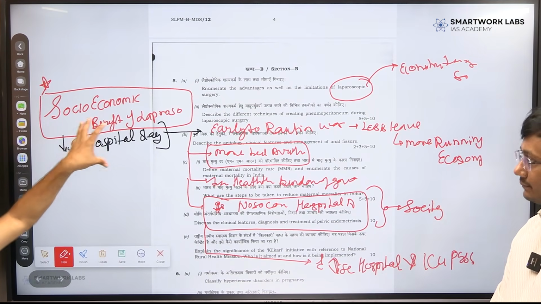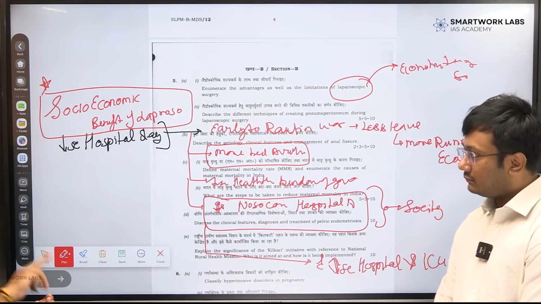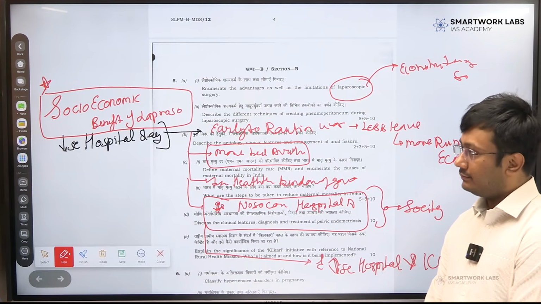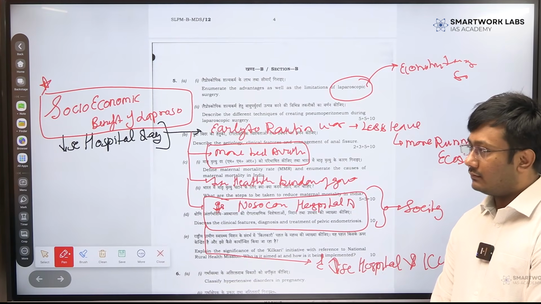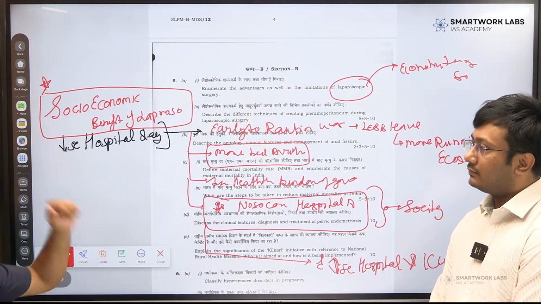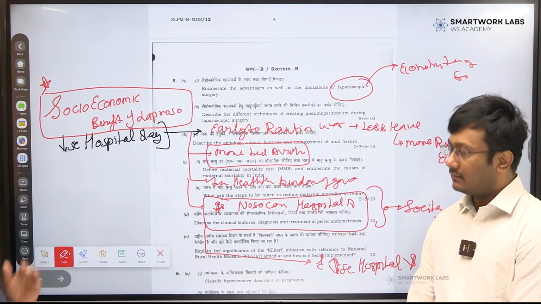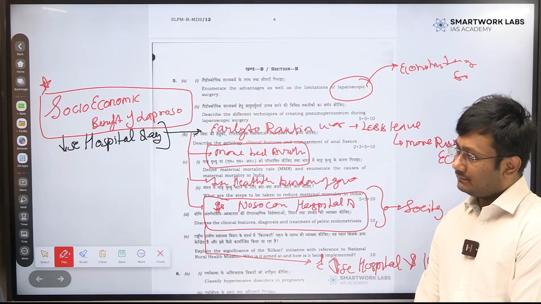So this surgery will enhance your socio-economic status as well as improvement and evolvement of the socio-economic status. That's why the laparoscopic surgery is also demanding for the society.